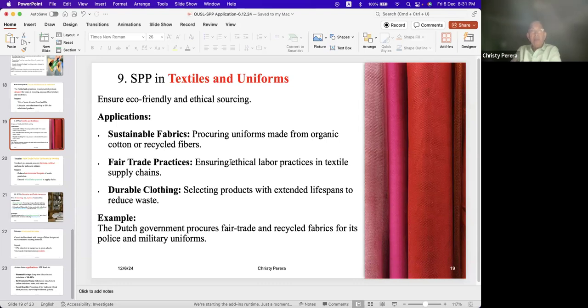Durable clothing, selecting products with extended lifespan to reduce waste. Actually, we don't do that. Maybe everybody has about 10, 15 shirts.